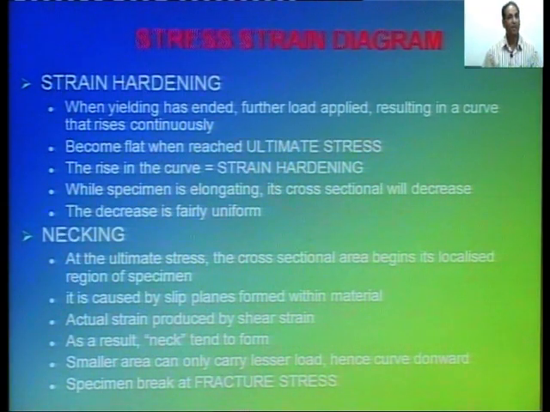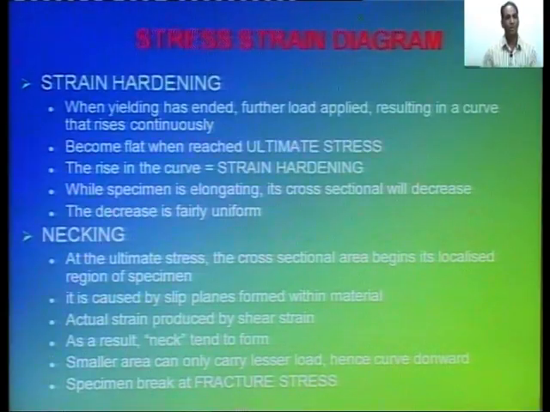The rise in the curve means strain hardening. While the specimen is elongated, its cross-sectional area will decrease, and this decrease is fairly uniform. After the strain hardening stage comes necking.